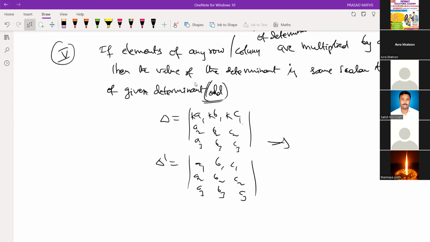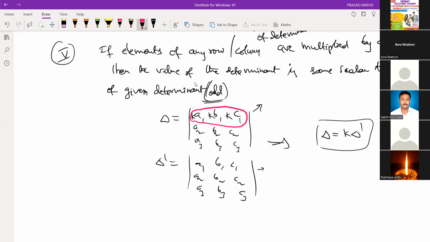What you observe is del is equal to k into del dash. This is our new delta, and this is nothing but the old one. So del is nothing but k into del dash.